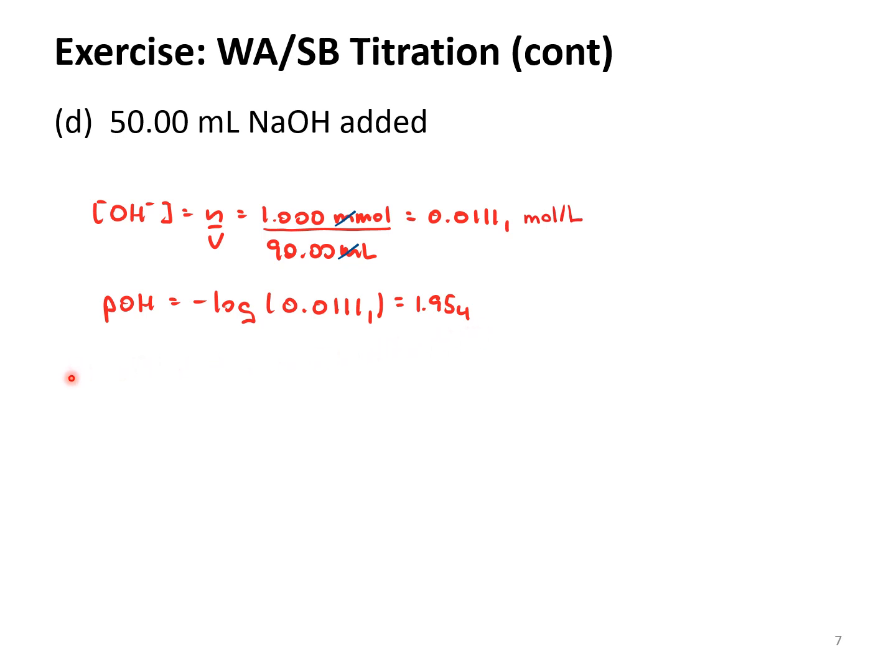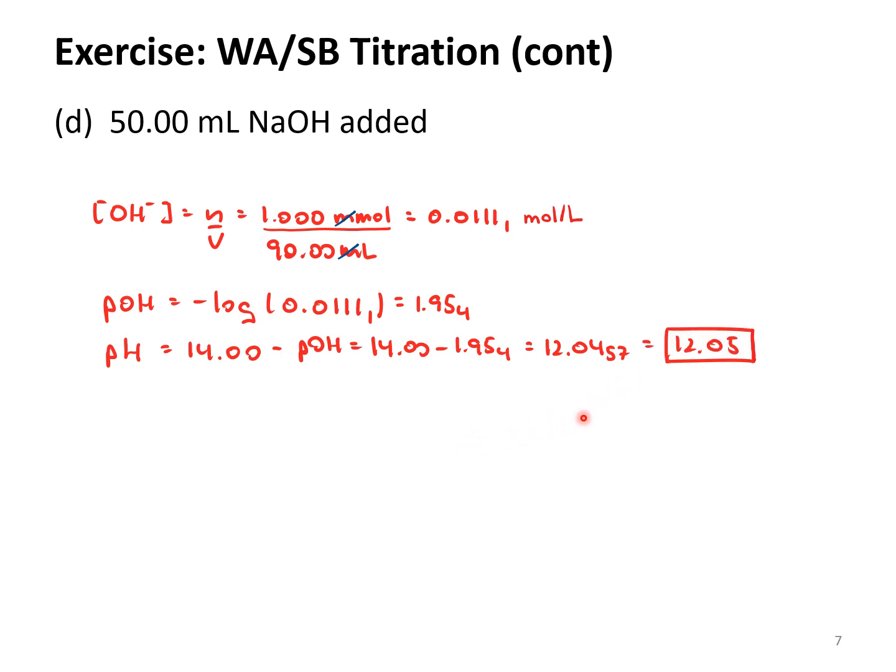And now we can convert from pOH to pH, where the pH is 14 minus the pOH, and this gives us 14 minus 1.954, which is equal to 12.0457. Rounding, this gives us a pH of 12.05. And here we have two significant figures since we have two decimal places and the pH is a logarithm.